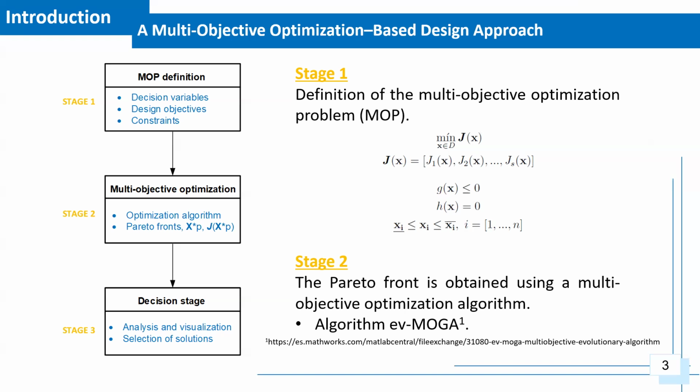This paper used the multi-objective evolutionary algorithm available at the URL shown on this slide. Stage 3 corresponds to the decision-making stage. To help the designer select a solution from the Pareto front, several visualization tools have been developed, as shown below.